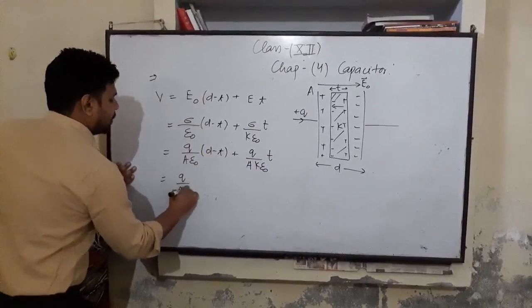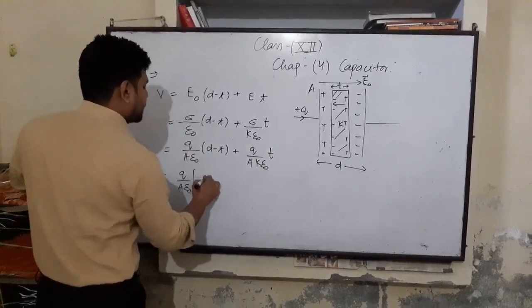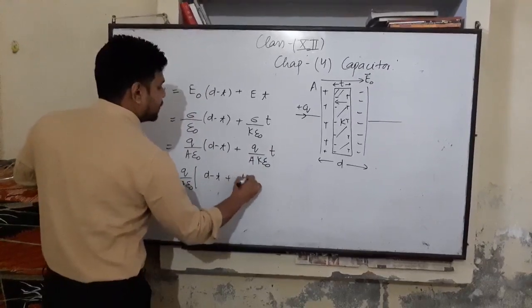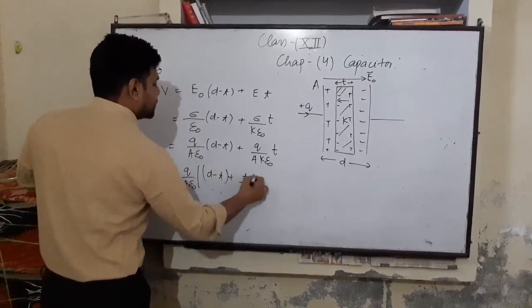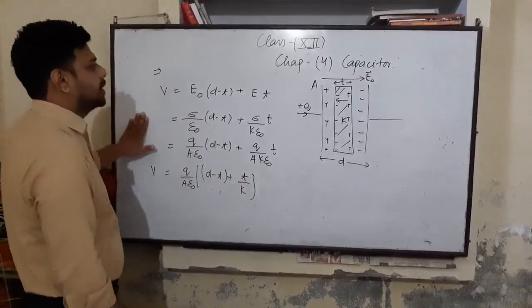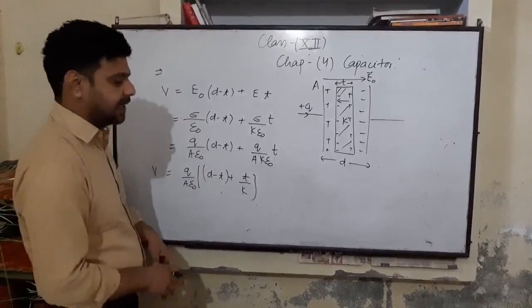Now, taking Q over A epsilon naught common, we get D minus T plus T over K. This is the expression for the potential difference between the plates.